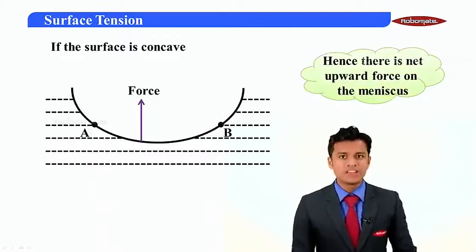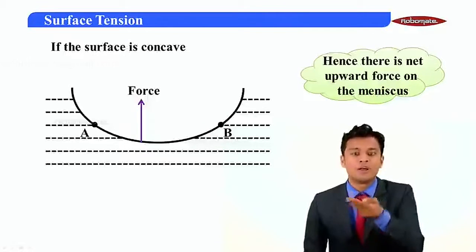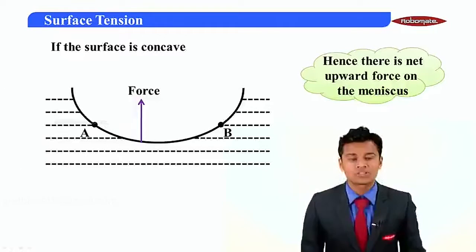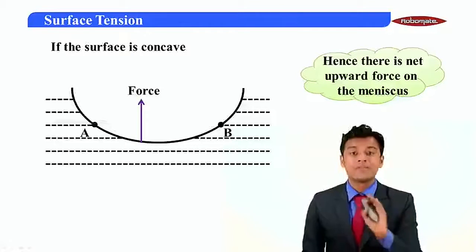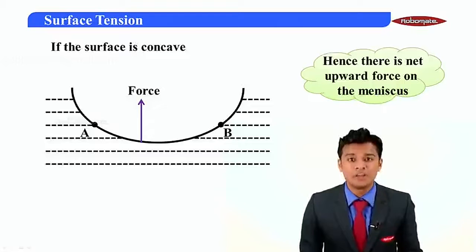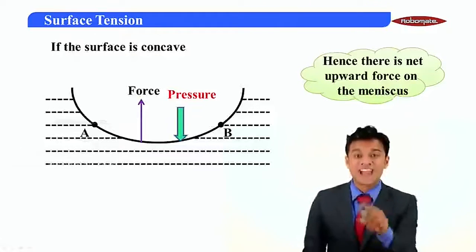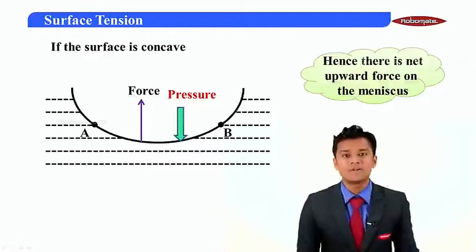Now class, if there is net upward force, the meniscus should keep on moving upward, but that does not happen. That means there is a counter force in the downward direction, which is maintaining the meniscus in equilibrium. So there is pressure from the upward side which is cancelling the effect of the upward force, and hence the meniscus is in equilibrium.